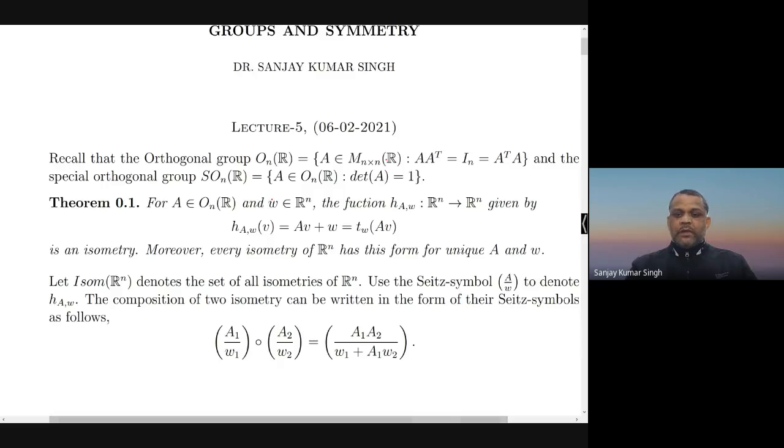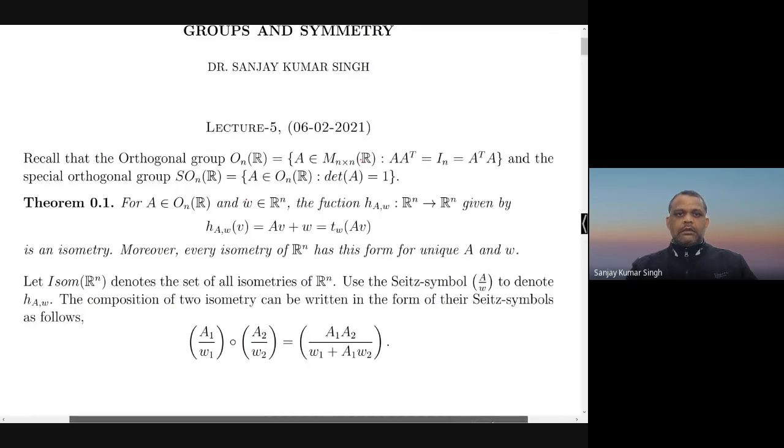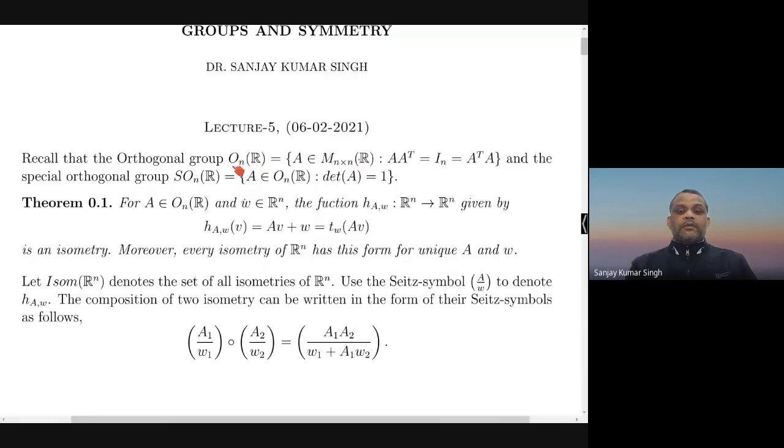So let us start by recalling what is meant by the orthogonal group. I have denoted it by the symbol O_n(R), and it consists of all n cross n matrices over real numbers with the property that A A transpose is equal to the identity, and A transpose A is also the identity.